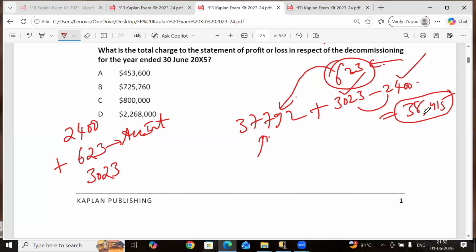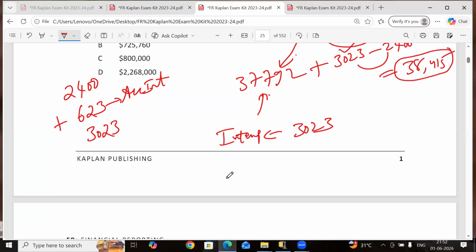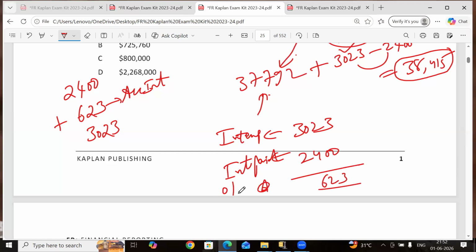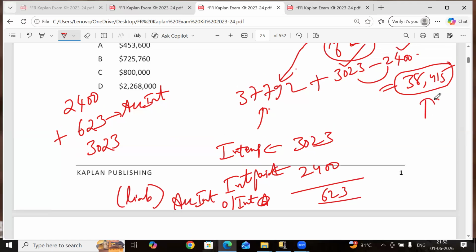Again, a very important element. The interest expense for the year is 3,023. The interest paid is 2,400. 623 is the outstanding interest to be paid, or accrued interest, which is a liability. So both the liabilities I am clubbing together and taking as 38,415.